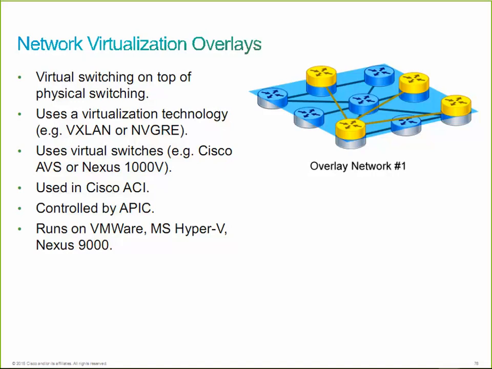What are some of the benefits of VXLAN compared to a VLAN? Any ideas? Well, probably the biggest difference, right, is the ability to extend the VLAN over an underlying network infrastructure. We can't do that with a real VLAN.